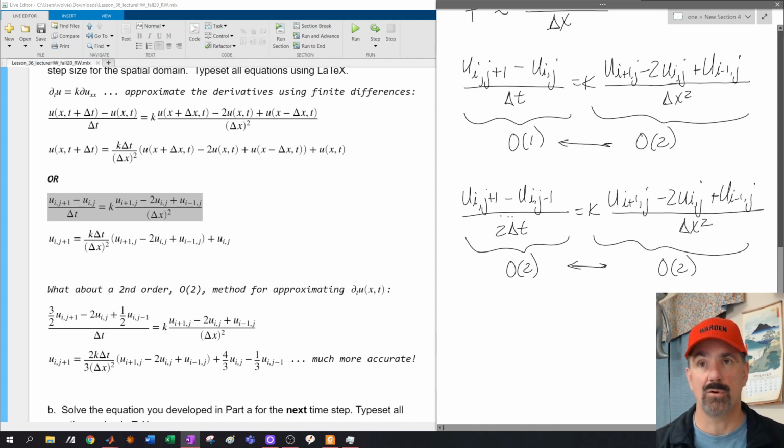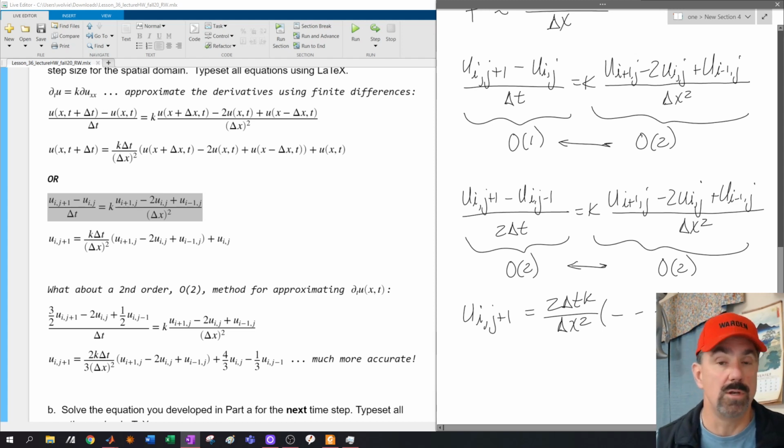It turns out when we go to solve this, and I'm not going to write the whole thing out, I have u_i,j+1, that's definitely the next term I'm interested in, is equal to 2 delta t k over delta x squared times all of these parts here, and then plus u_i,j-1, because I've added this piece over to this side.